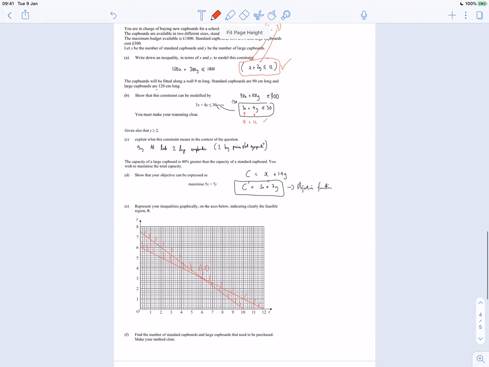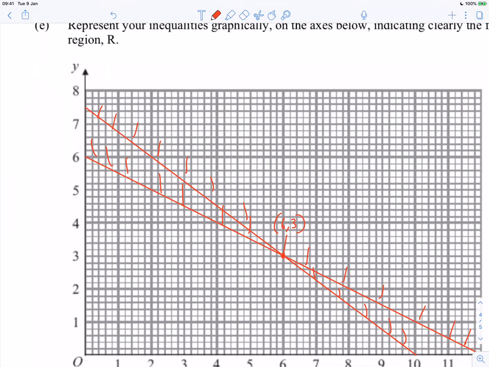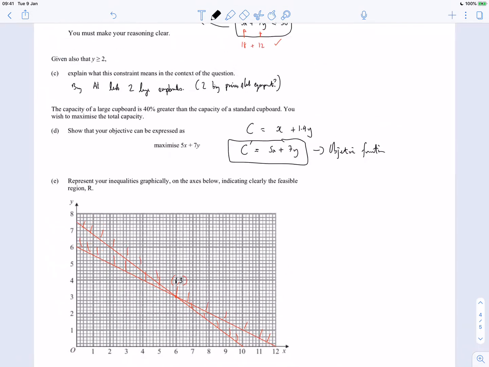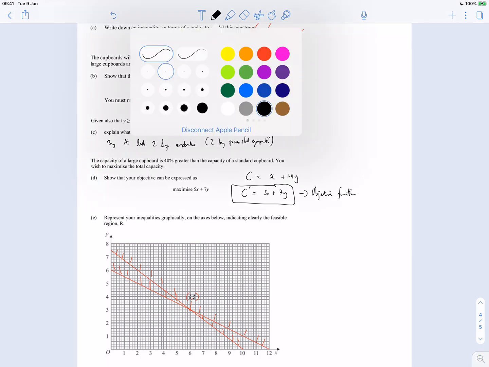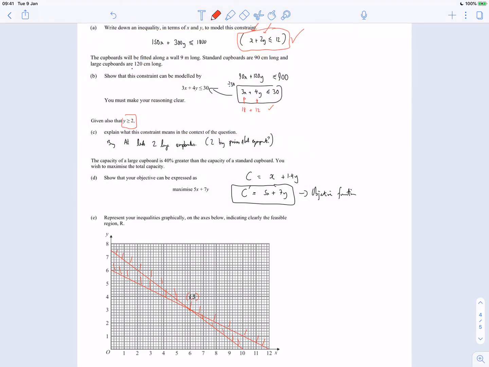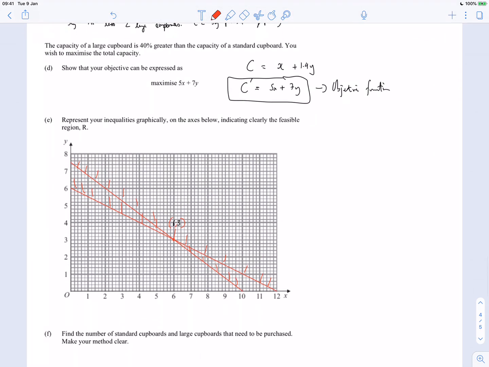So yes, this does satisfy the equality of it. So actually, yes, this point of intersection, just in case it's a vertex later on, is 6,3. Okay, now they're both solid lines because they're both less than or equal to, so that's fine. Given, we've missed one almost, given also that y has to be greater than or equal to 2. So that means I have to draw a solid line from 2, like that. And I want everything above, so I'll shade the bit below.